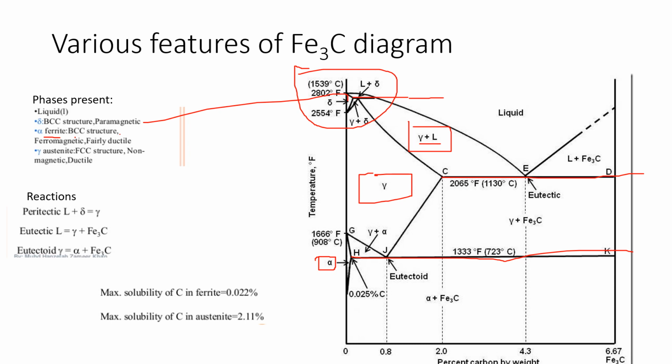The reaction taking place at 2720 degrees Fahrenheit is called the peritectic reaction. The equation for the peritectic reaction is when the liquid is mixed with the delta solid solution, after cooling we can get austenite, or sorry, after heating we will get the austenite, or if we cool down, we may get the liquid plus delta region, which is this one.